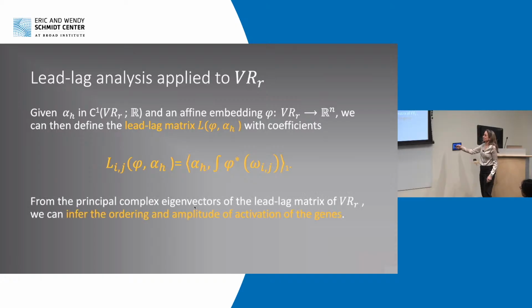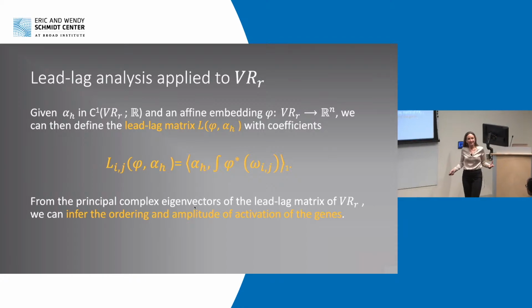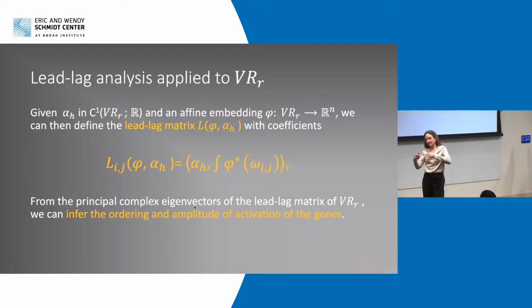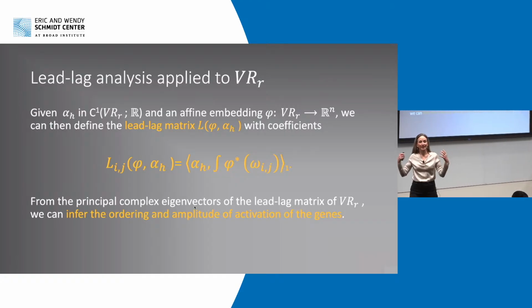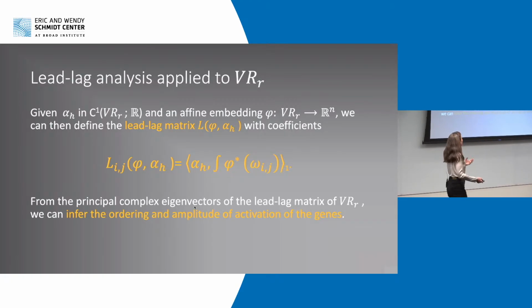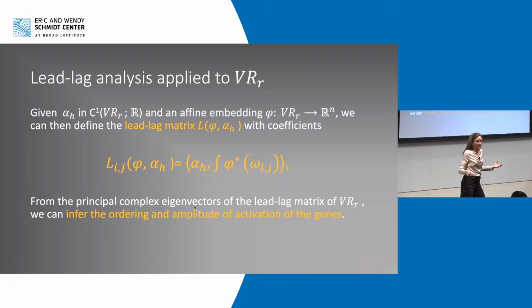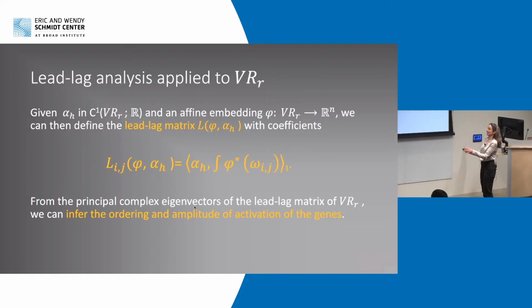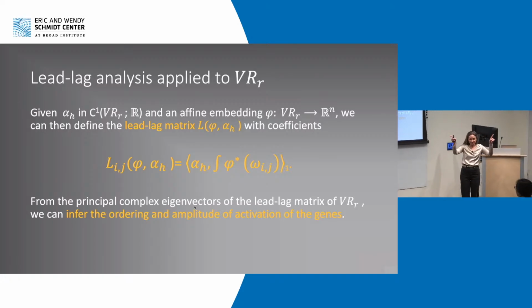Now, this matrix here is skew-symmetric, which means that we have lovely ways of analyzing it, finding its complex eigenvalues, the eigenvectors, and so on. And you can look for the largest eigenvalue, or the ones that have largest real value. You can find the principal eigenvectors.